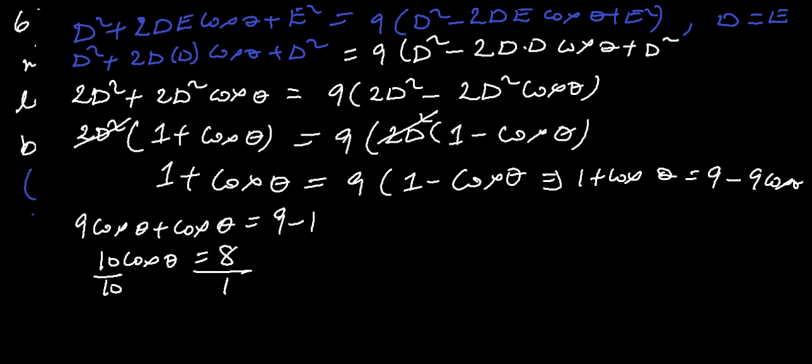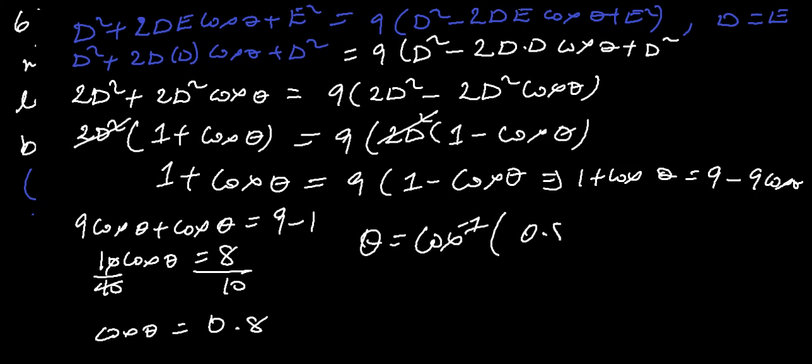Therefore cos theta is equal to 0.8, theta is cos inverse of 0.8, so theta is equal to 37 degrees. The angle between them is 37 degrees.